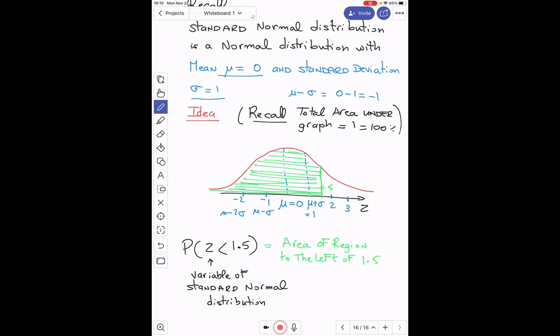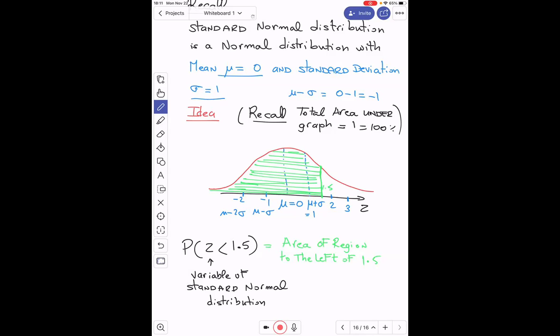So the area of this green region would be some decimal between 0 and 1, and that's exactly the definition of probability. Remember, when you compute a probability, the answer is always a number between 0 and 1.